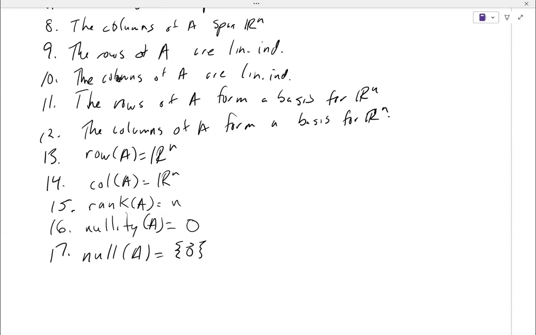So thank you for that. If the nullity is 0, the only thing that's in your null space is the 0 vector. And then we're going to tie these ideas later on to linear transformations in a couple of chapters.